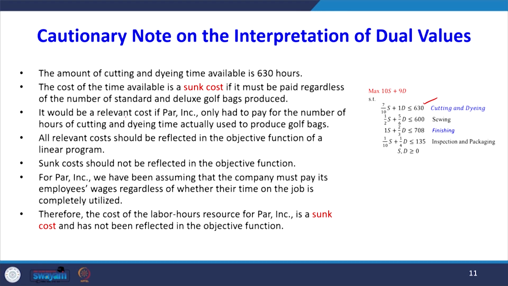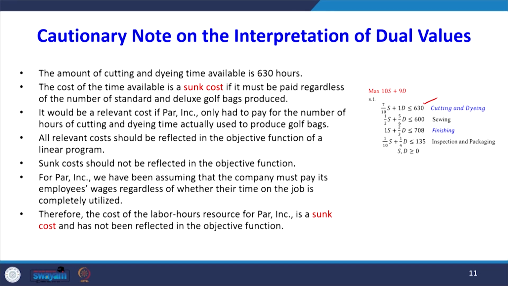It would be a relevant cost if the company only had to pay for the number of hours of cutting and dyeing time actually used to produce the golf bags. Many times in the industry context, if there are contract employees, you pay the money based on how many bags have been produced.